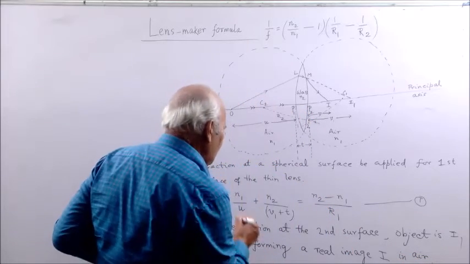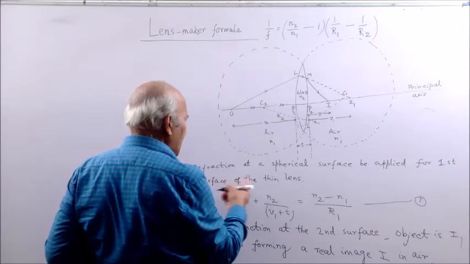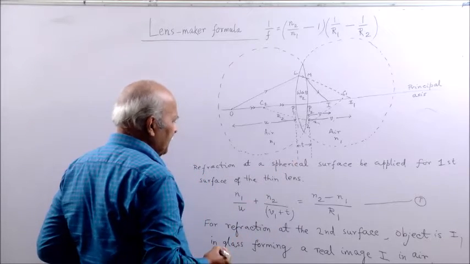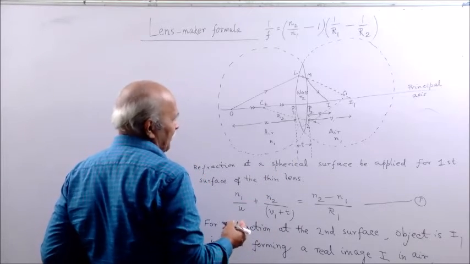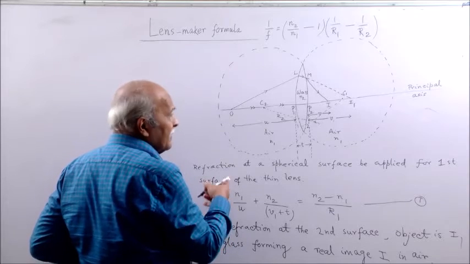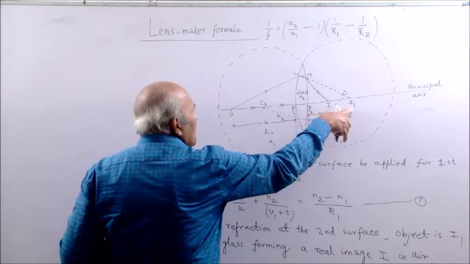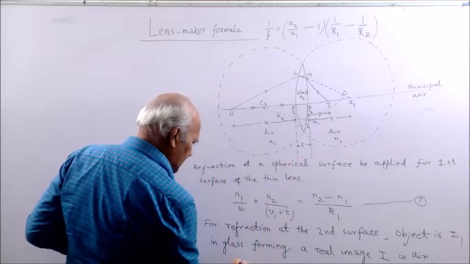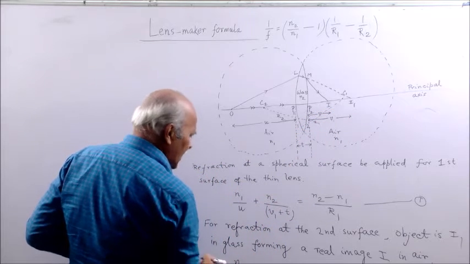So when the refraction at a spherical surface theory is applied to this one, this is for the object distance and the refractive index of that medium. The object is I1, so the refractive index for that medium is glass.